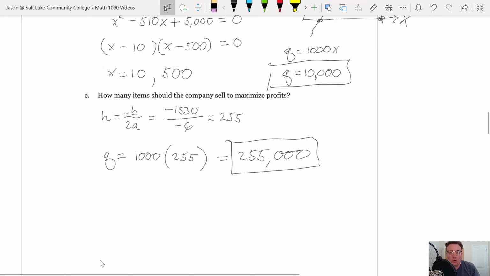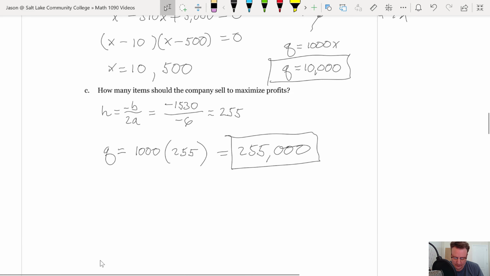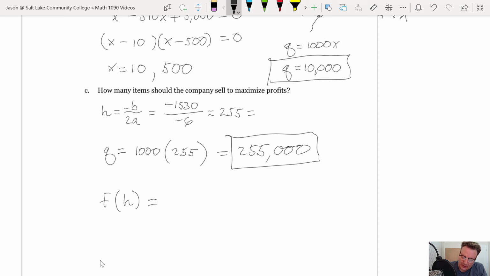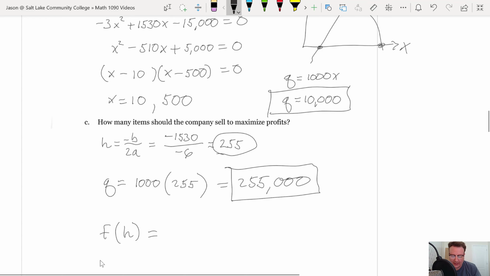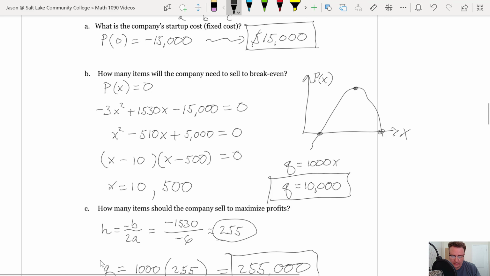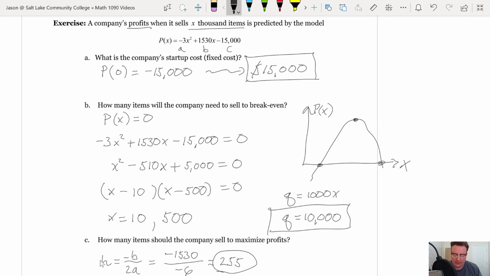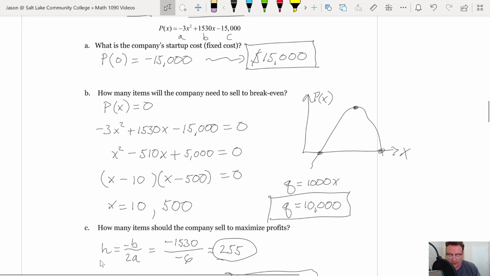Okay, what will my profit be? This problem doesn't ask, so we're done at this point. But what will my profit be? Remember, you evaluate the function at this h value. This 255 is our h. So we want to plug that into the original function of negative 3x squared plus 1530x minus 15,000.